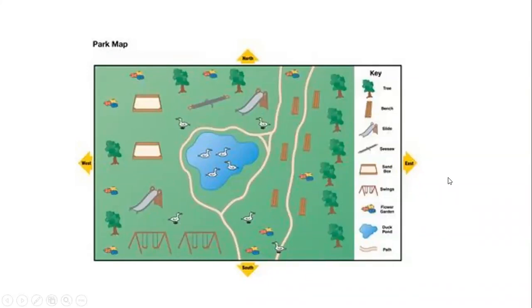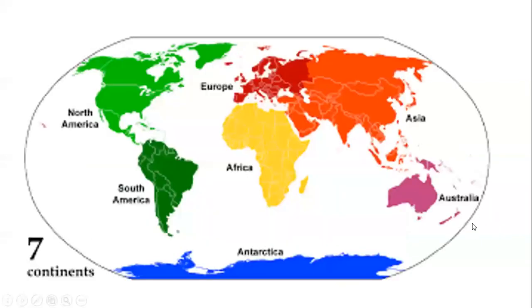So all these keys mean all these things you will find in the given park. So this is a park map, and you will find all these things. So this key will help you to move to the exact area and to find the location and a place.